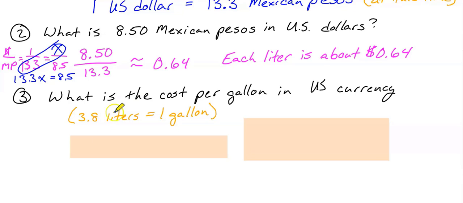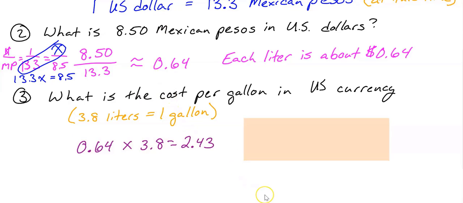So what I would do is take the 0.64, the cost per liter, and multiply it times 3.8 because we know 3.8 liters gives you 1 gallon.